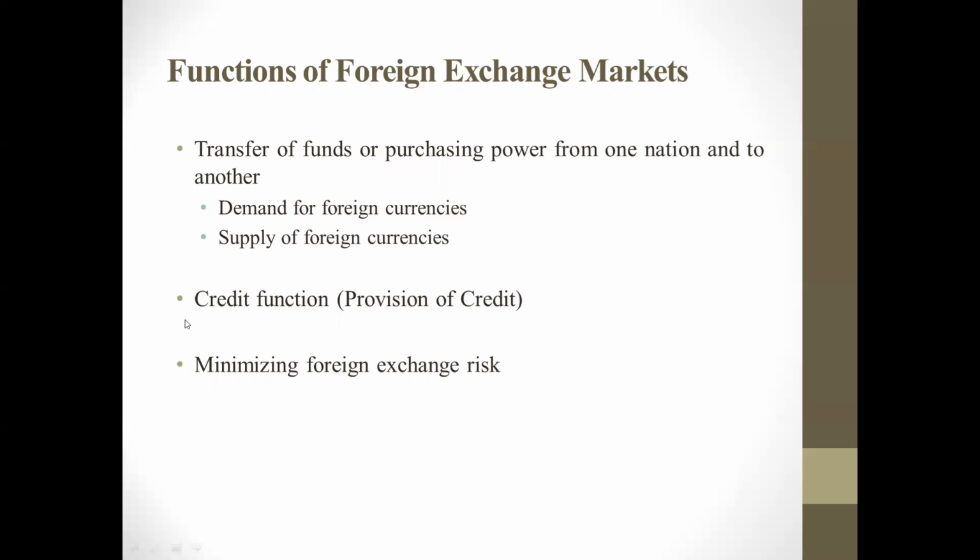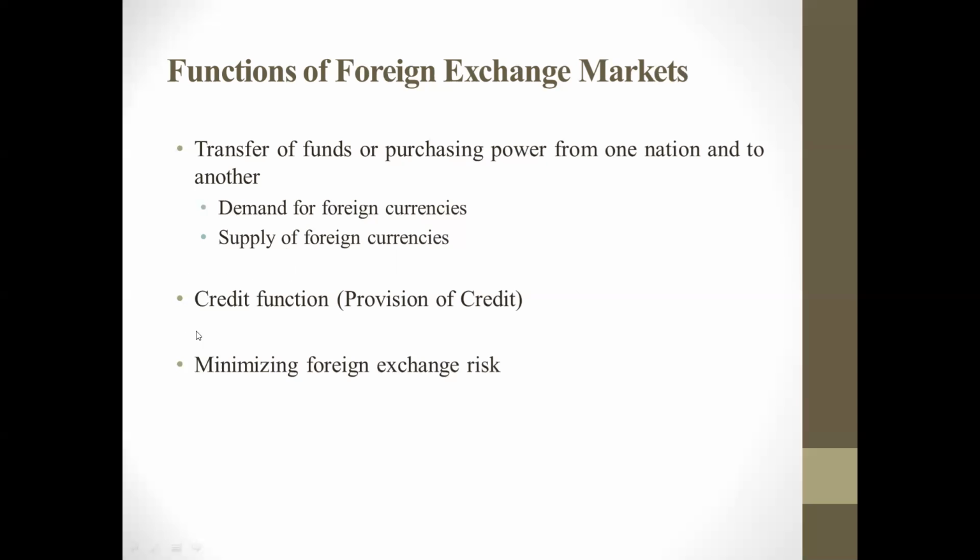So the second most important function is the credit function, right? The foreign exchange market also provides some credit provisions, so countries can take loans. Normally the IMF and World Bank provide credit facilities to countries when they are dealing with BOP deficits, trade deficits or some foreign currency crisis.